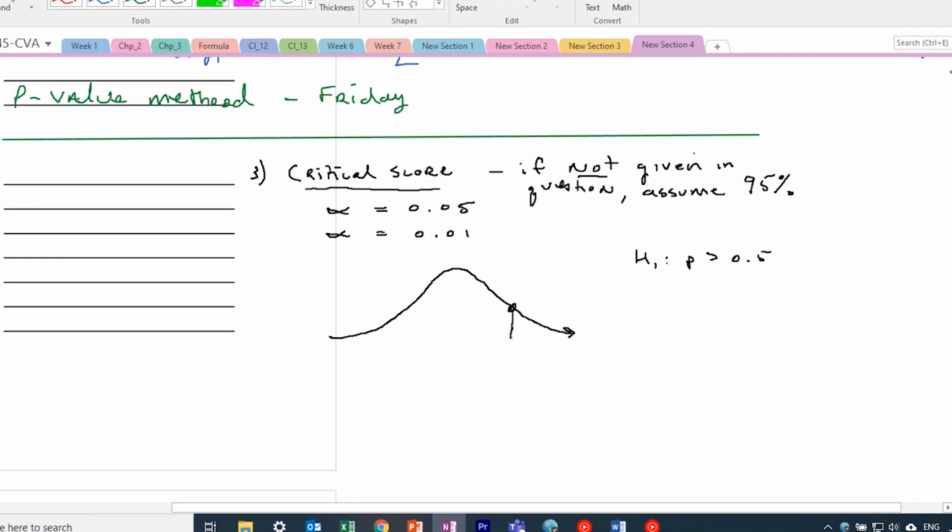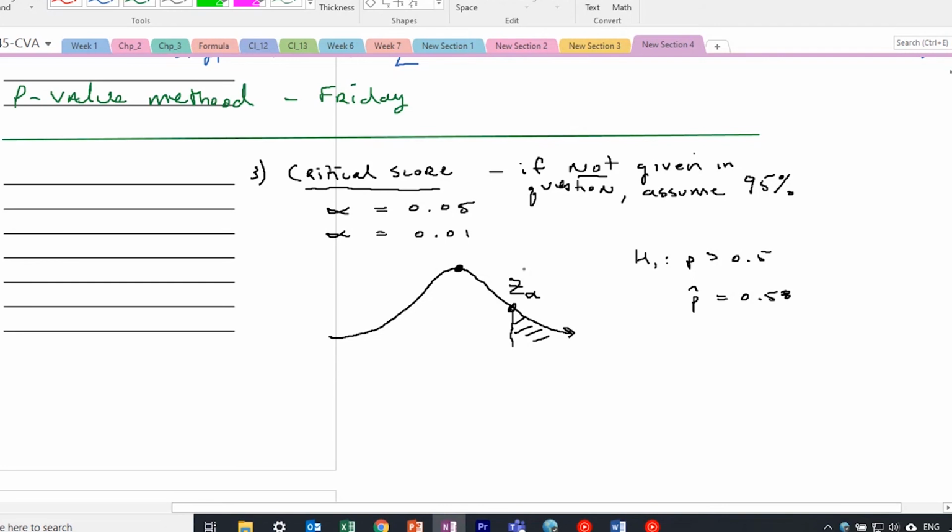And so all we're really looking for is, is our value of 0.58 far enough away from the null hypothesis, or far enough away from what it would be if it didn't work, that it's not going to be from random chance. We need to know where our z-score is going to be relative to the critical score.